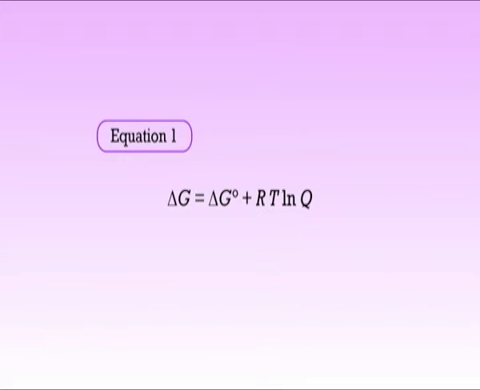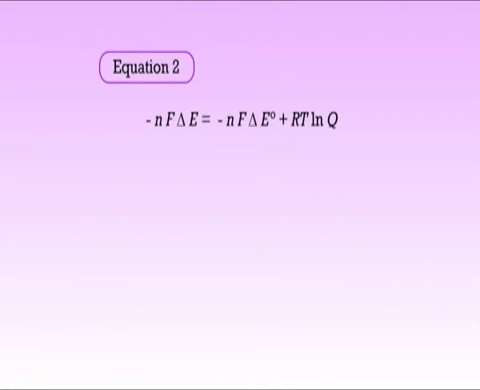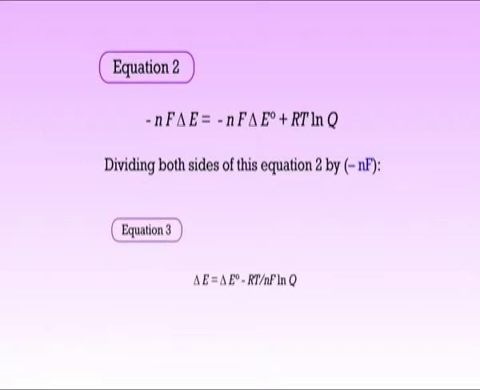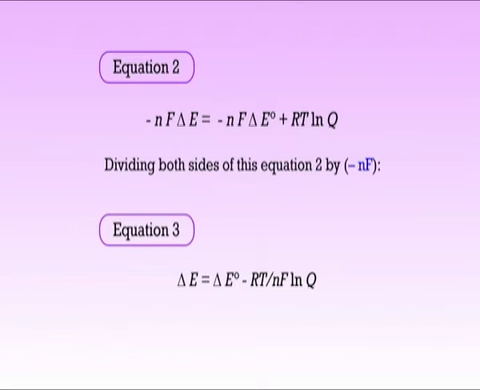So substituting these equations into equation 1, we get minus nF delta E equals minus nF delta E naught plus RT ln Q. Let's call this equation number 2. Now divide both sides of equation 2 by minus nF. We have now delta E equals delta E naught minus RT divided by nF ln Q. Now let this be equation number 3.